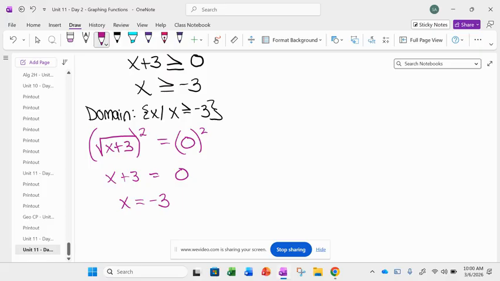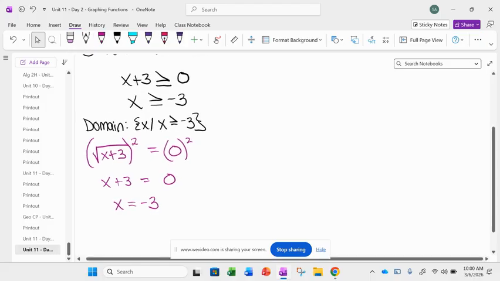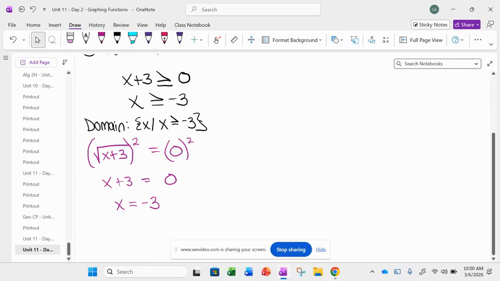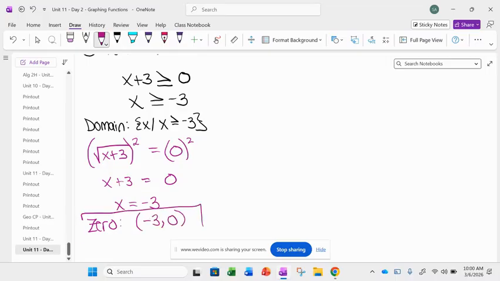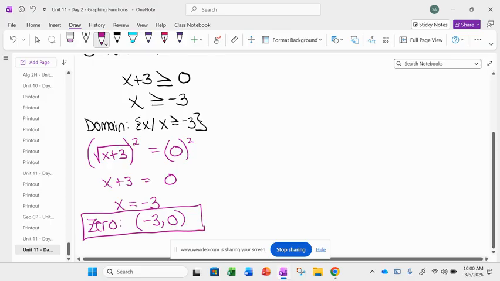We have to make sure it's part of what? The domain. And our domain is saying x is greater than or equal to -3. So is equal to -3 okay? Absolutely. So our zero, if we wanted to write it as a point, would be -3 comma 0. If you just wrote x equals -3, I'd accept it.